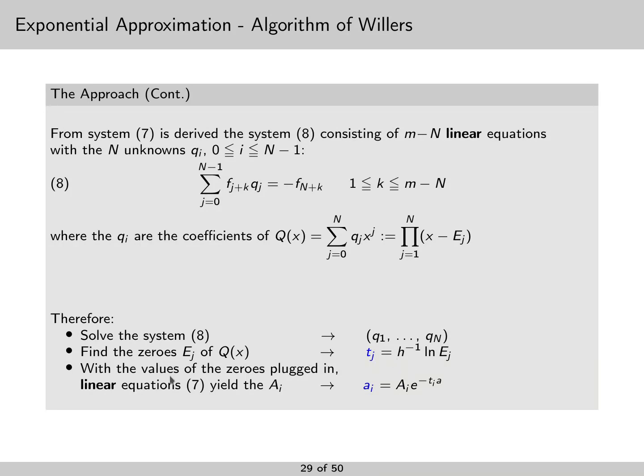Then equation 7 with the capital E_j's plugged in form a system of linear equations, the solution of which are the capital A_i. The capital A_i in turn will give us the coefficients a_i due to this equation.